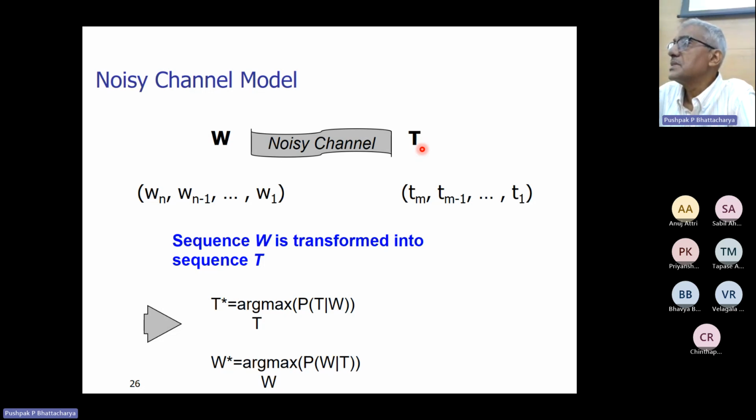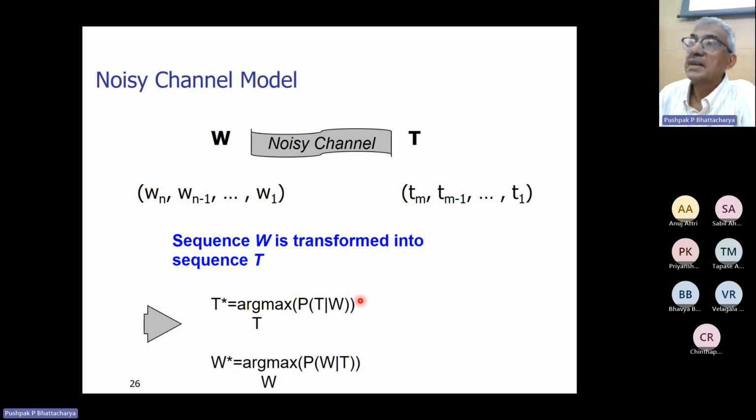Make sure that as a student of AI, you understand the noisy channel model and this argmax computation, and use it for your problems. The modern deep learning systems have an implicit way of modeling this probability of output given the input.